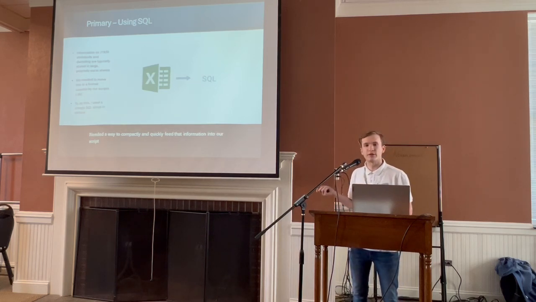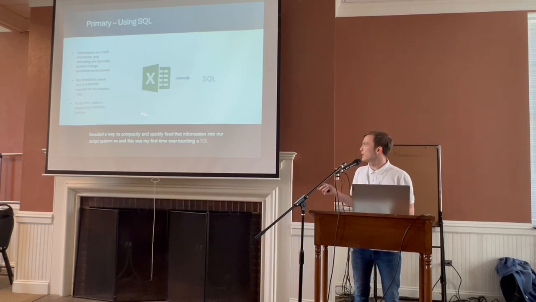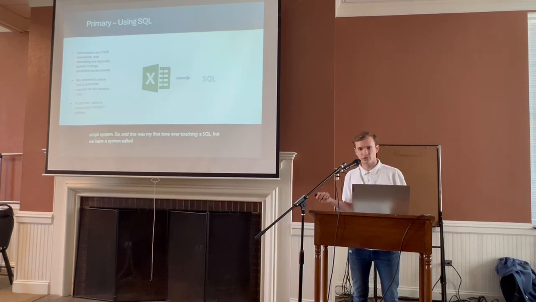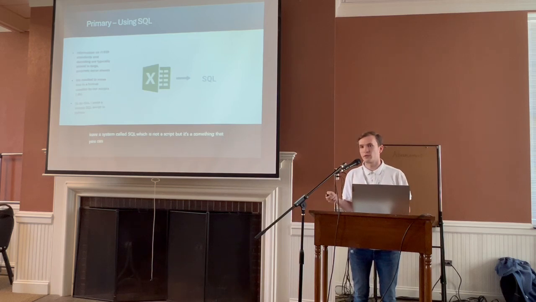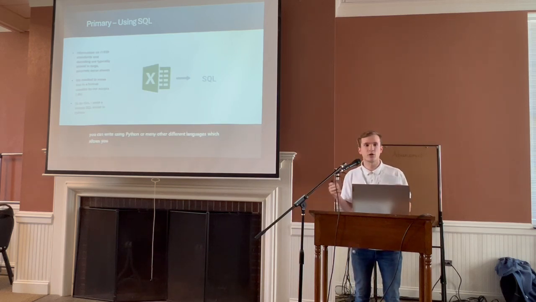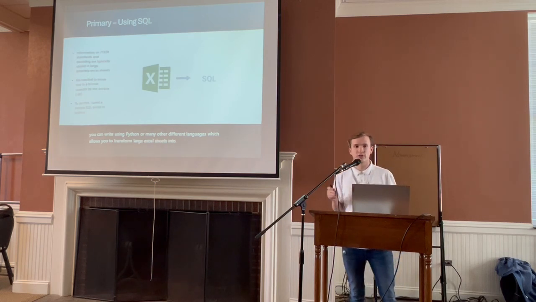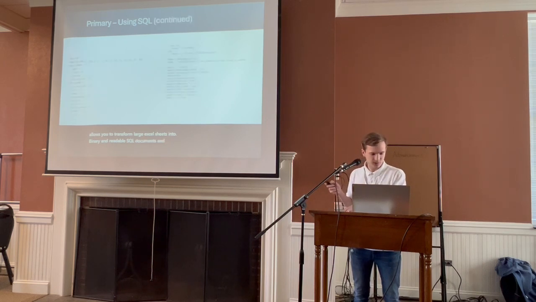This was my first time ever touching SQL, but it's something that you can write using Python or many other different languages, which allows you to transform large Excel sheets into binary and readable SQL documents and databases.